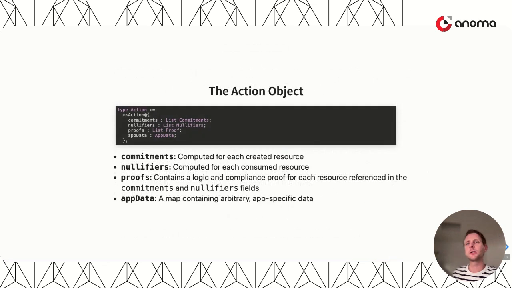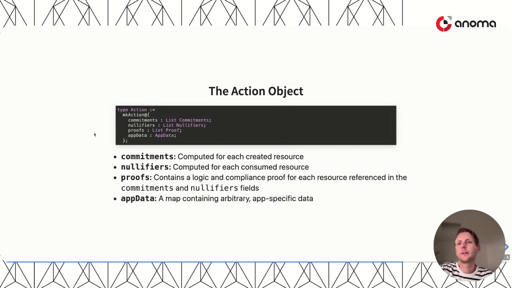So the action object, on the other hand, now really contains the commitments and nullifiers of the created and consumed resources in this transaction or in this action. A list of proofs proving that all the resource logics are satisfied, and also that the creation and consumption complies with the resource machine rules.